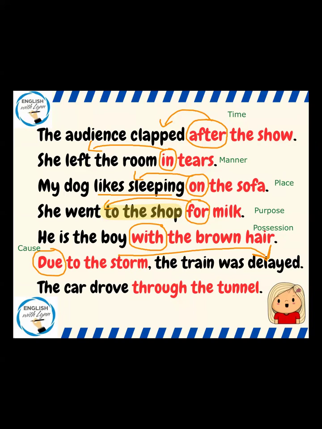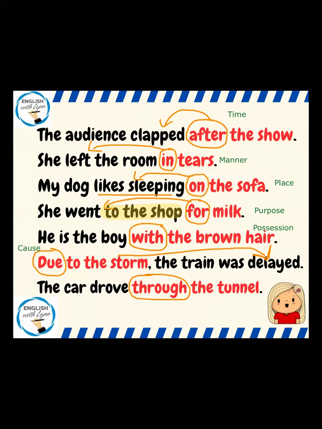And the last one is a little bit tricky because these ones are very similar to the place prepositions. So we've got: the car drove through the tunnel. Because we are showing the car is driving through the tunnel, we're showing the movement of the car.